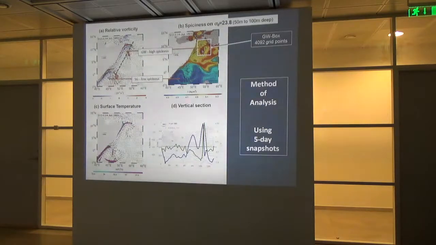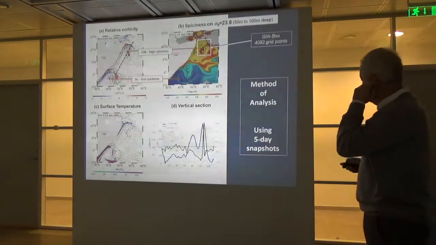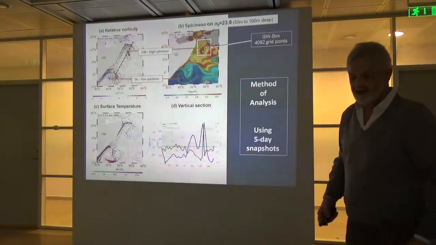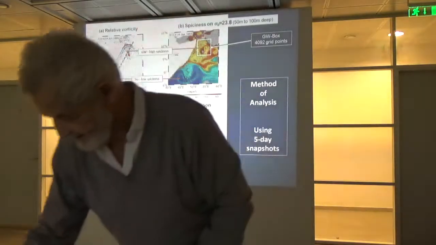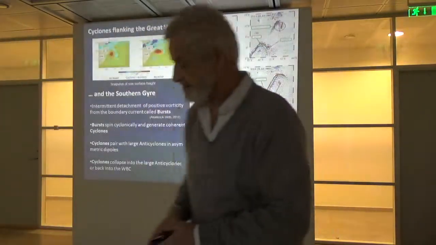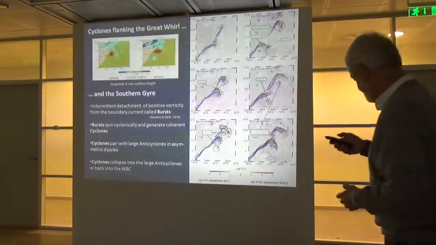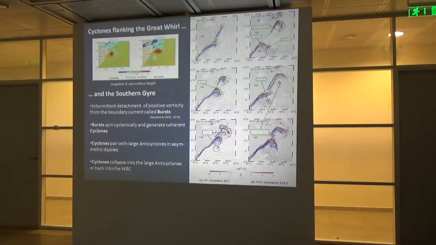Okay? And then we look at the various parameters along that section, like velocity, relative vorticity, density, and things to characterize, see what's happening. So with using those things, we're looking at what is happening. So first thing we've seen, okay, rapidly, is first let's look at the cyclone flanking the Great Whirl or the Southern Gyre.